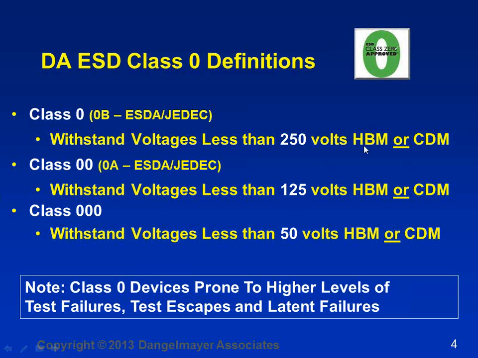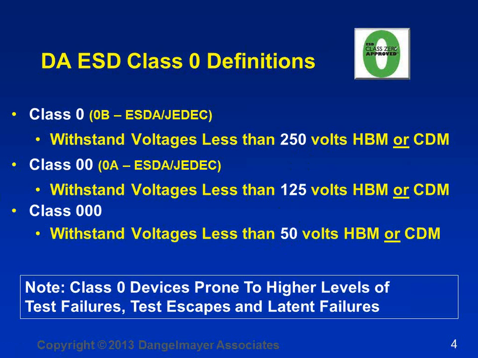Now, we're talking about withstand voltages for either HBM or CDM. So it's important to consider both, and again, our experience has been that the issues tend to escalate at these breakpoints.